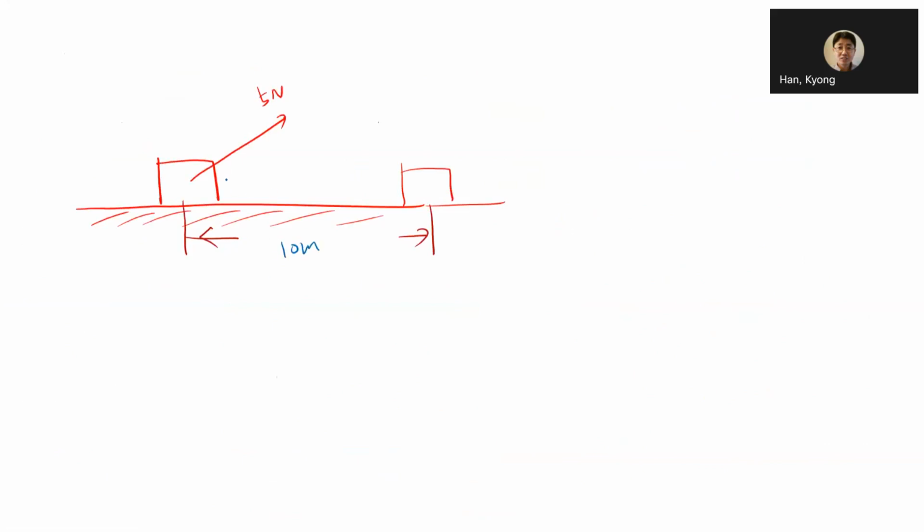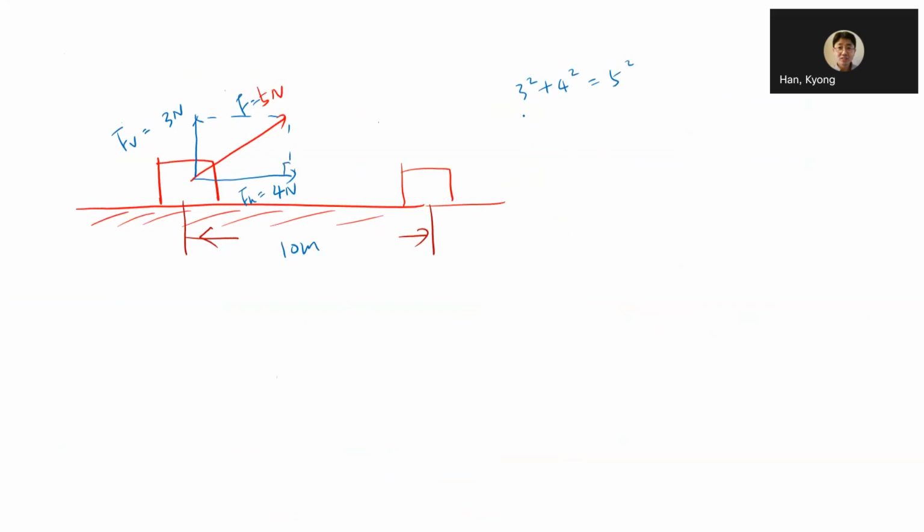In this case, you have to decompose this force into horizontal and vertical. Maybe the horizontal component is 4 Newton and the vertical component is 3 Newton. 3 squared plus 4 squared equals 5 squared, so the Pythagorean theorem is satisfied.